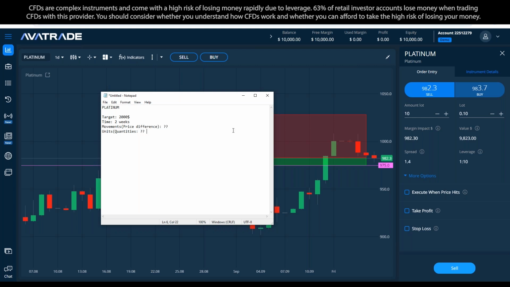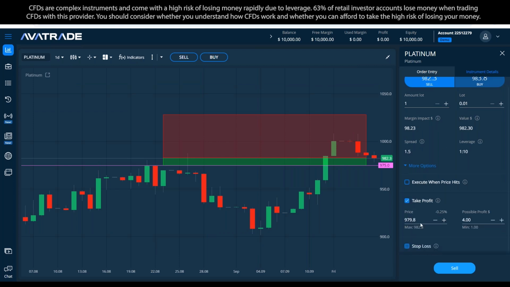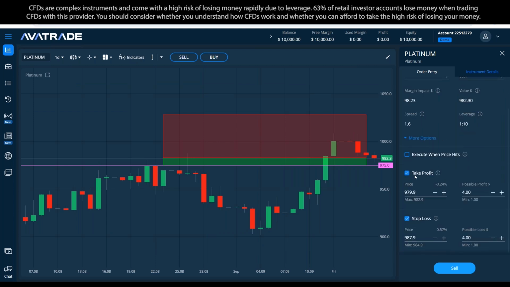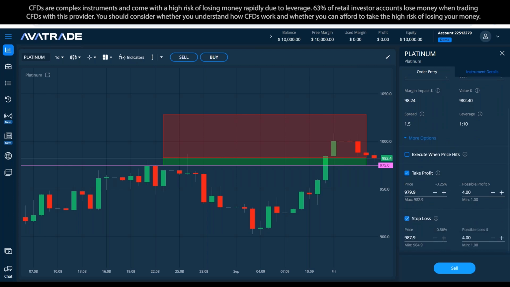Also, we still don't know, right? But before we move ahead, let's also minimize the lot size here to 0.01, which is the bare minimum. And also click here on the take profit and the stop loss. Just by clicking here on the take profit and stop loss, it is showing us as an example the bare minimum length that I can place them.